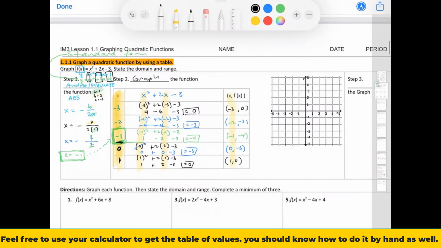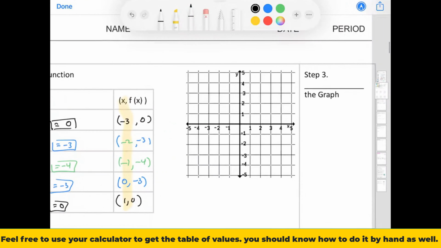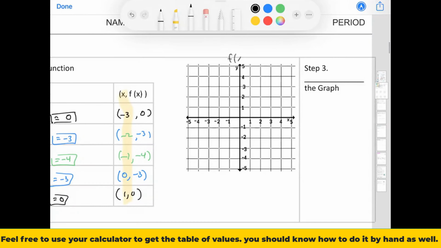And let's go ahead and graph this now. Okay, let's graph this one over here in black. So again, you have your x's, and this over here, the y-axis, is like your f of x. Remember, that's just a fancy way of saying y. So my ordered pair is negative 3, 0.